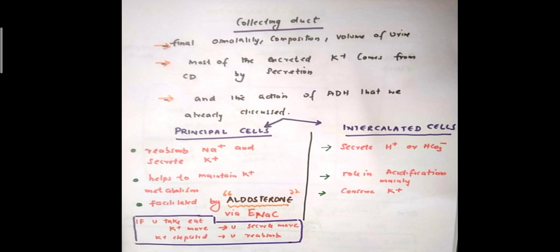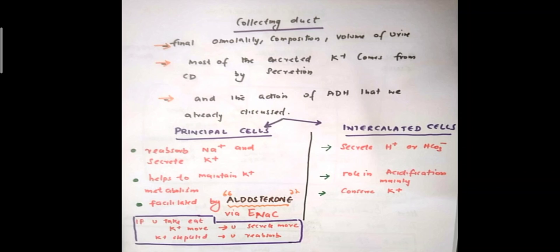So what is the role of the collecting duct? The final osmolality, composition, and volume of urine are determined by the collecting duct. Most of the excreted potassium comes from the collecting duct by secretion. And the action of ADH we already discussed. Here we have two types of cells, principal cells and intercalated cells.